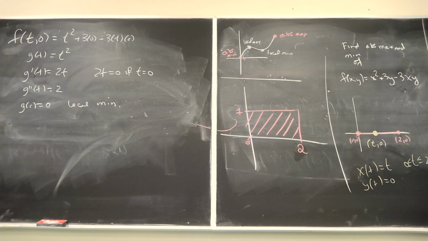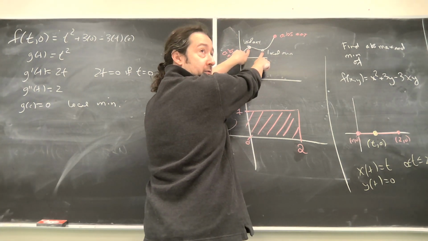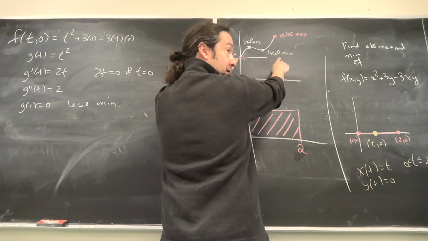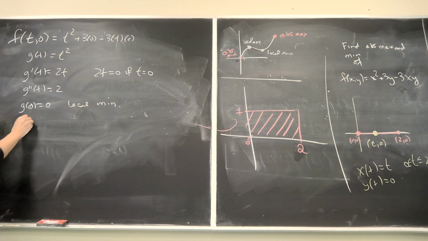What else do I need to check to make sure I've got the absolute max and min of that function? Remember, it's not enough just to check local maxes and local mins. I also have to check the endpoints. I've parameterized the curve, but now I have to plug in the endpoints as well. Fortunately, one of the endpoints is a local minimum, so we've got that one taken care of already.